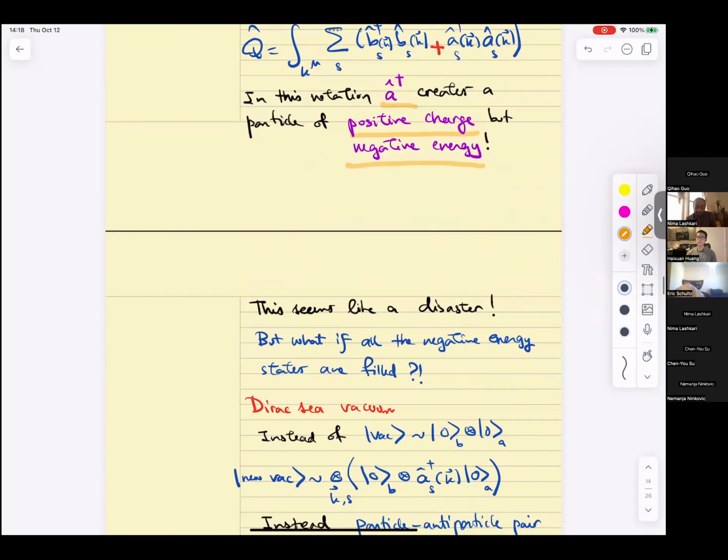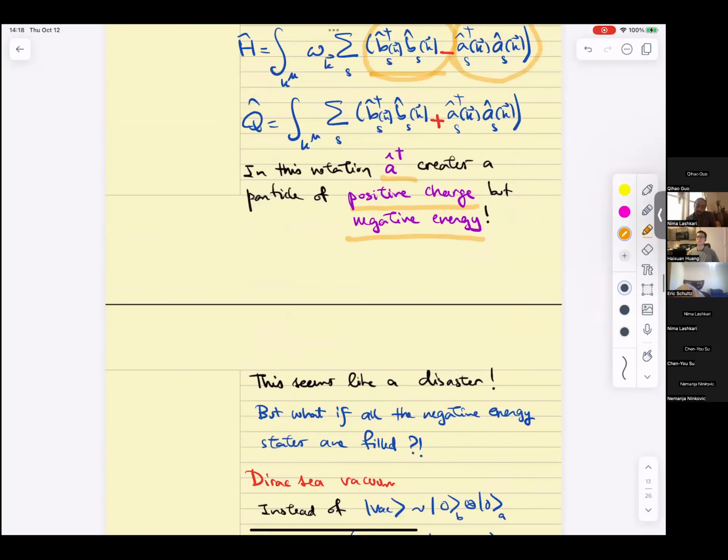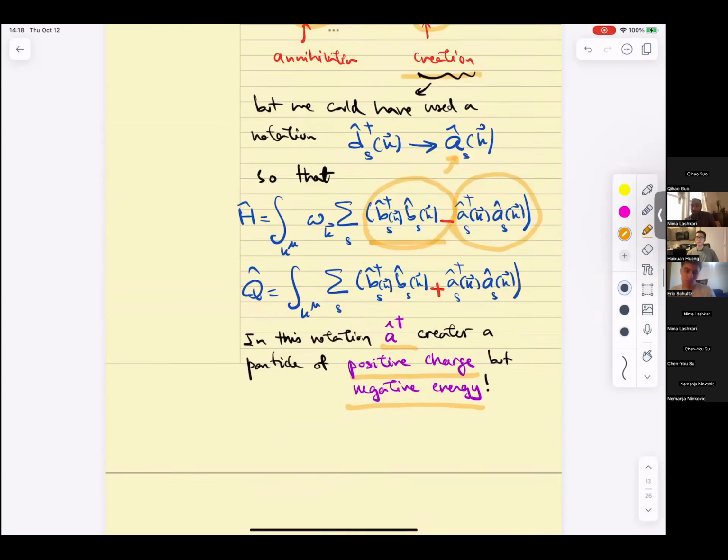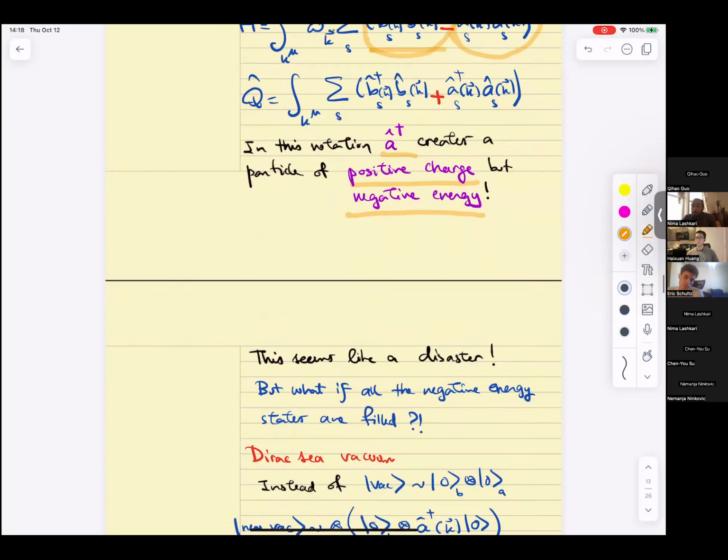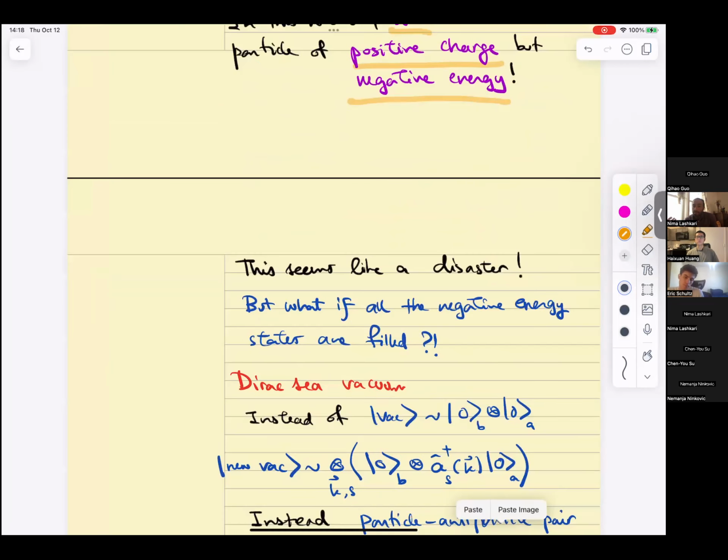At first, this might seem like a disaster because creating a particle will reduce the energy. That means that your vacuum is unstable. You're just going to reduce energy by popping arbitrary numbers of particles. Well, what if you cannot do that? What if all the negative energy states are filled?